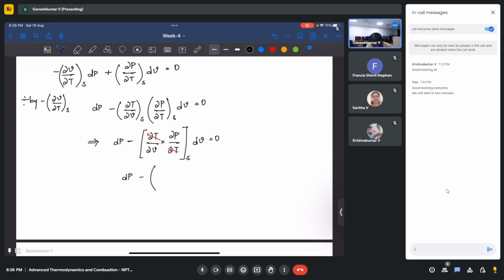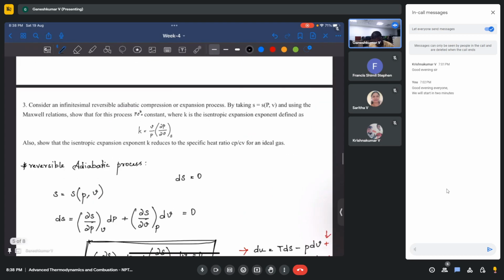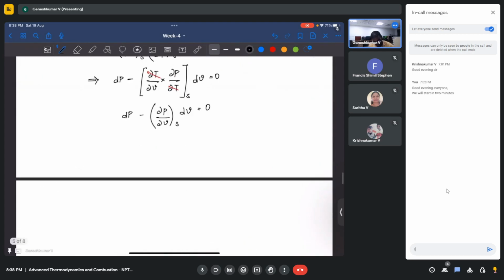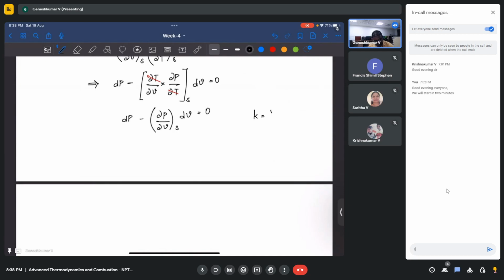So this becomes dou p by dou v at constant entropy dv is equal to 0, right? And what can we do after this? It's already given that k is nothing but, let's use this information, k is nothing but v by p dou p by dou v at constant s, right? So this is already given.